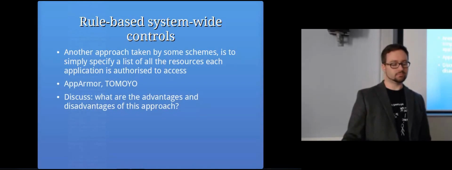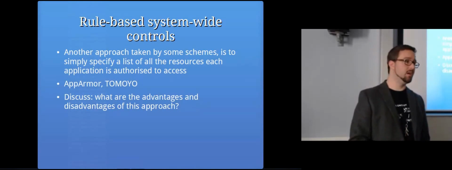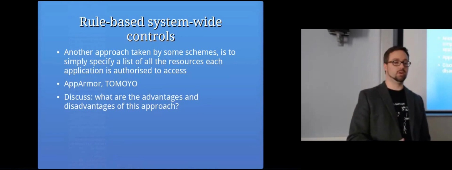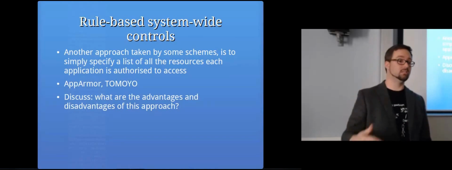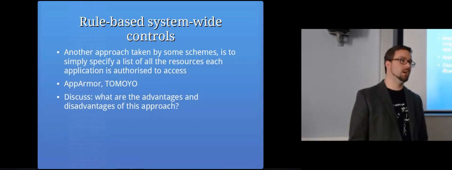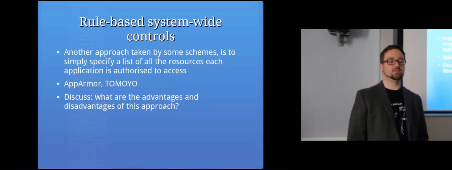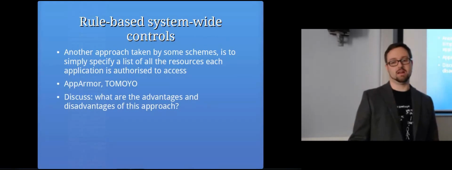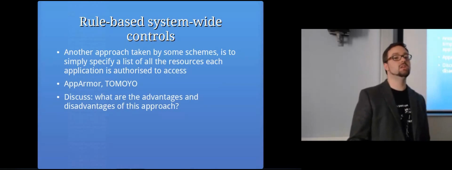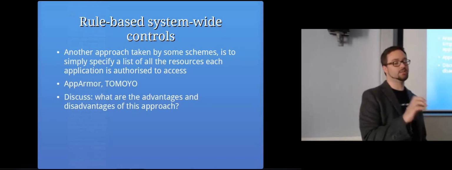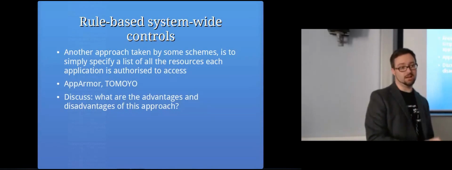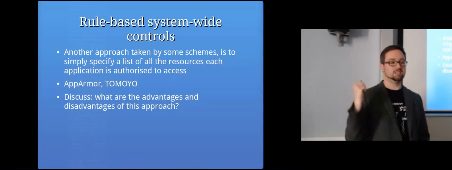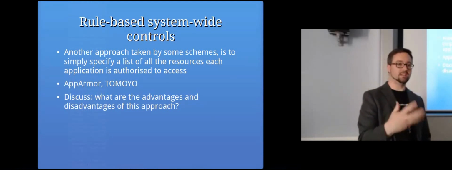The rules can still be quite complicated. There might still be 100 rules because programs do access lots of different files on a system. But you can actually read the rules and make sense of them. There are learning modes available where you can basically say, okay, I trust that it's going to do the right thing this time. So you start your learning mode, you start up the program, and it records everything it wants to do.